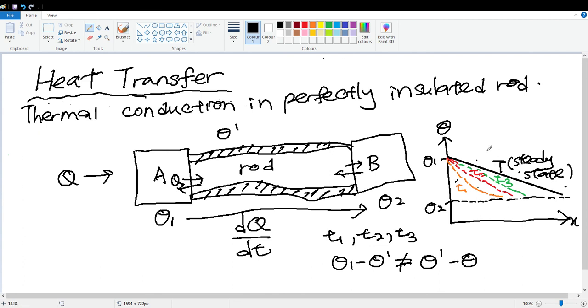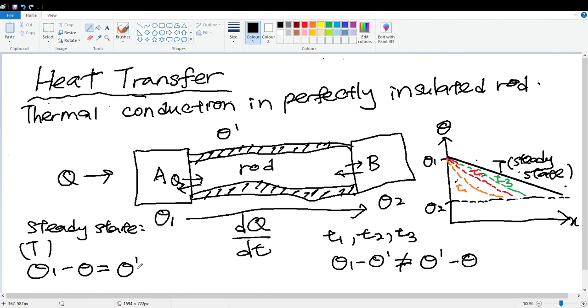So when the steady state is achieved, which is time t, I can say that the difference in temperature for object A and the rod is actually equal to the difference between the temperature of the rod and the temperature of object B. So this is theta 2 and this is equal.